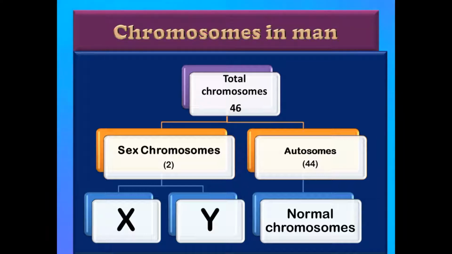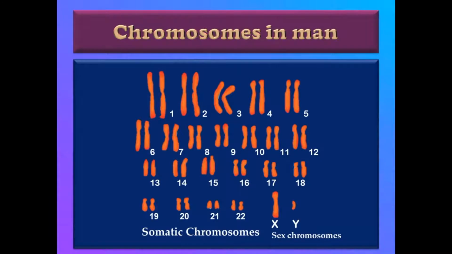Now coming to the sex chromosome, it is of two types, X and Y. This is known as karyotype, a test to identify and evaluate the size, shape and number of chromosomes in a sample of body cells.